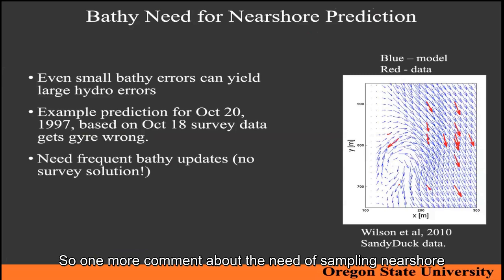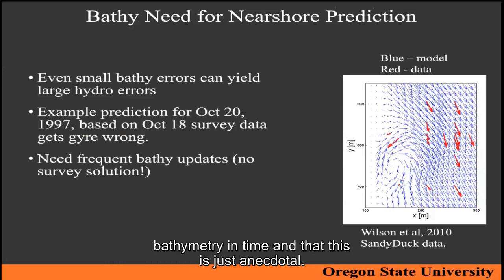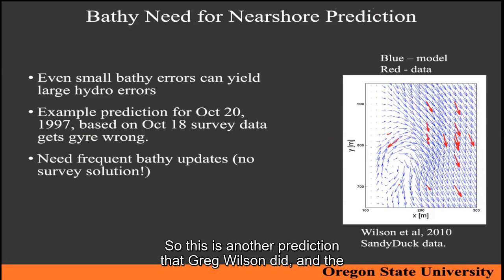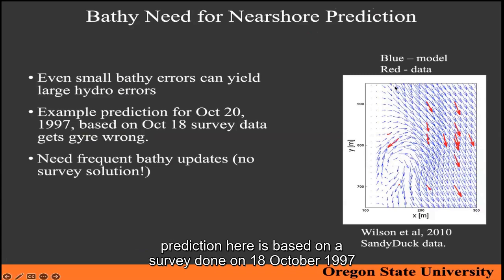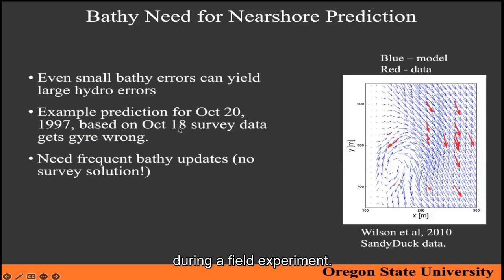One more comment about the need of sampling nearshore bathymetry in time. And this is just anecdotal. So this is another prediction that Greg Wilson did. And the prediction here is based on a survey done on 18 October 1997 during a field experiment.